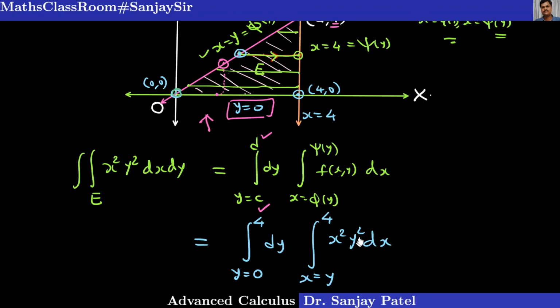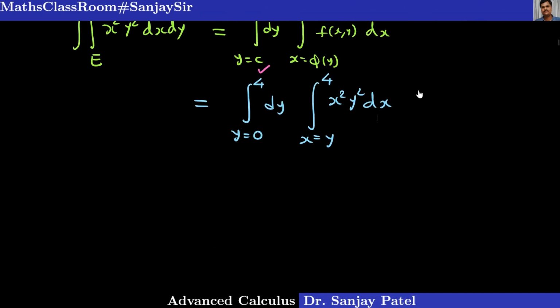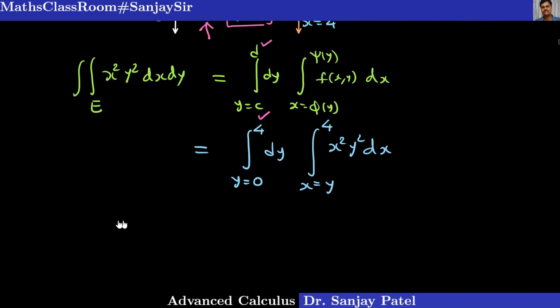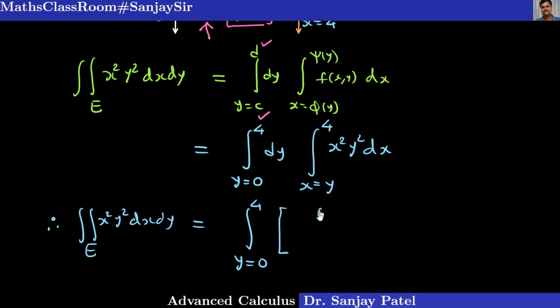Okay, and in practice we write directly in this form: the double integral x square y square dx dy over the given region can be obtained by this second type of repeated or iterated integral, which is x is equal to y to 4 of x square y square, first with respect to x and then with respect to y.